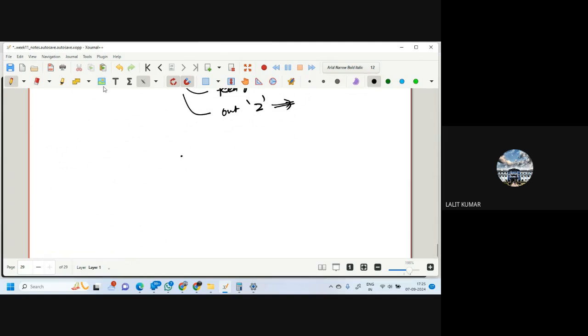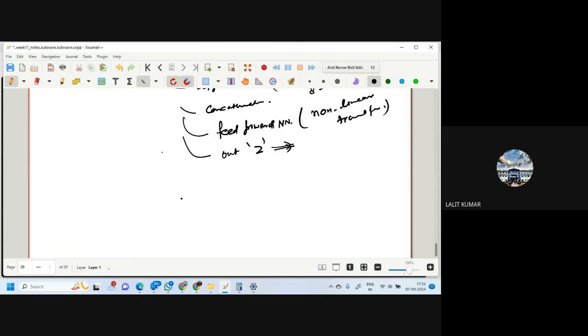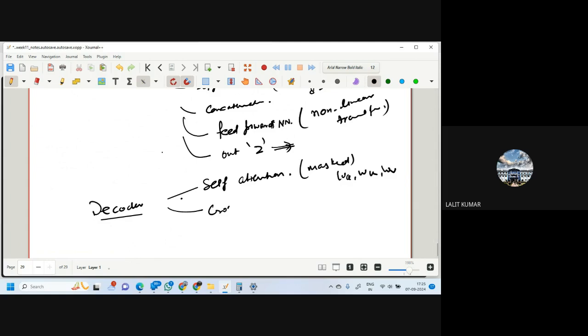So in the decoder, we do self attention first, and it is masked. Again, it has W_Q, W_K, W_V. Then after the self attention, I do cross attention. Again for the cross attention, I have W_Q, W_K, W_V.